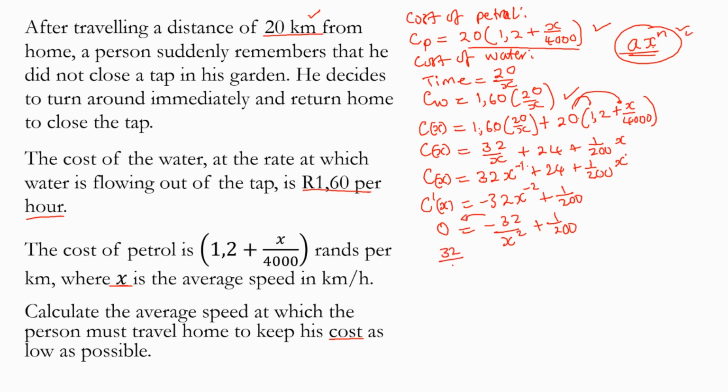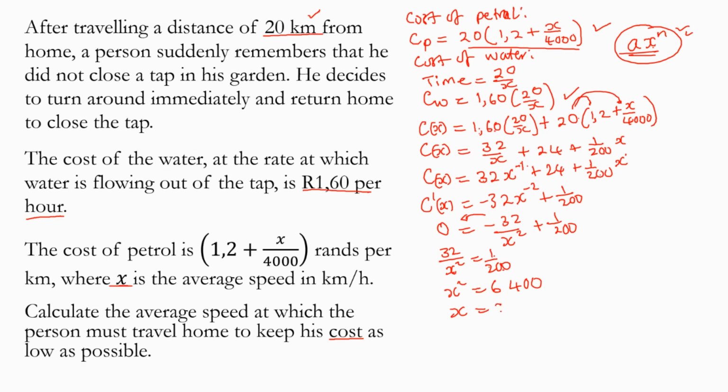Then we can transpose this to the left hand side. 3,200 over x squared is equal to 1 over 200. And then we can cross multiply here. x squared times 1, that is x squared. And then 3,200 times 200, that is 640,000. Then we can use difference of two squares or just square root both sides. So x is equal to, we'll take the positive one, because remember it's going to be plus or negative 800.